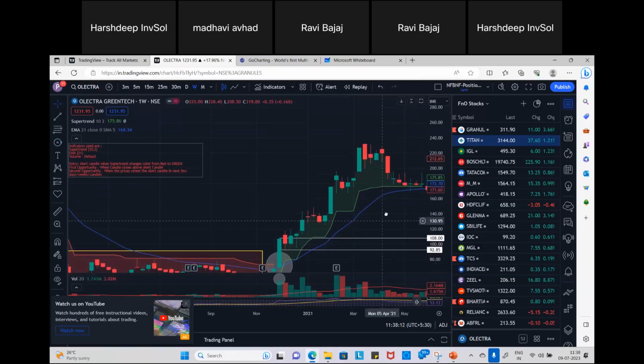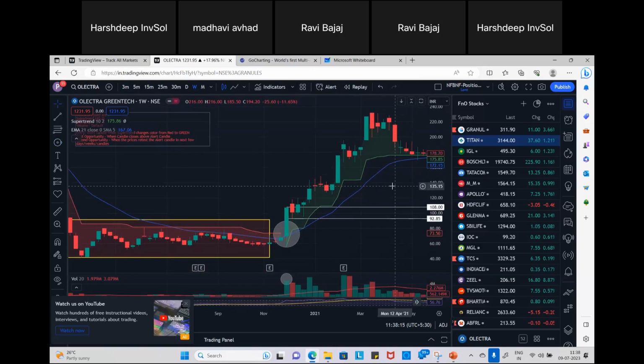Now you can just follow this strategy. The strategy is to continue with the prices the way they are till the time they don't close below this super trend, and this is your guideline. This gives you confirmation. Super trend keeps on moving up and up. This acts as a trailing stop loss. In technical analysis we have something called a trailing stop loss.